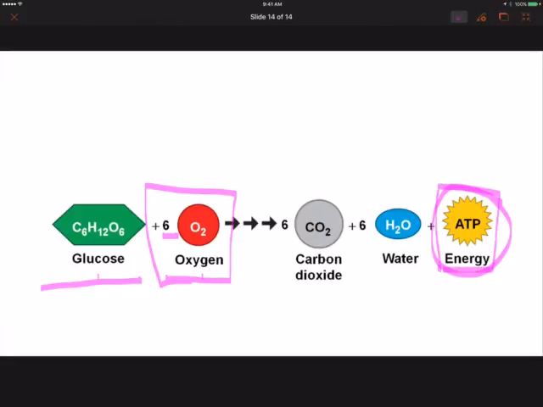It also produces a byproduct of carbon dioxide, which I breathe out, and water. So the chemical equation for cellular respiration is C6H12O6 plus 6 O2 results in 6 CO2, 6 H2O, and energy molecules in the form of ATP.